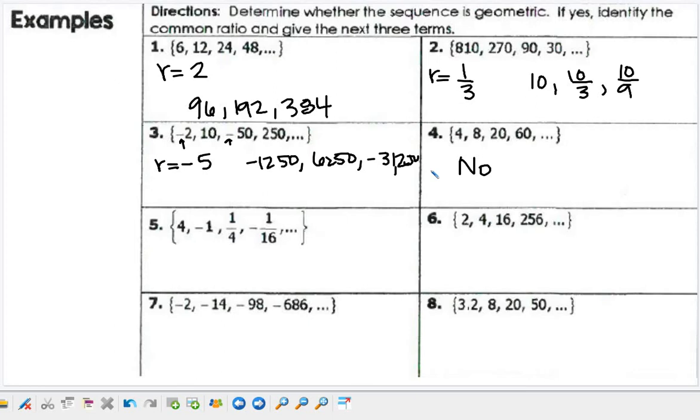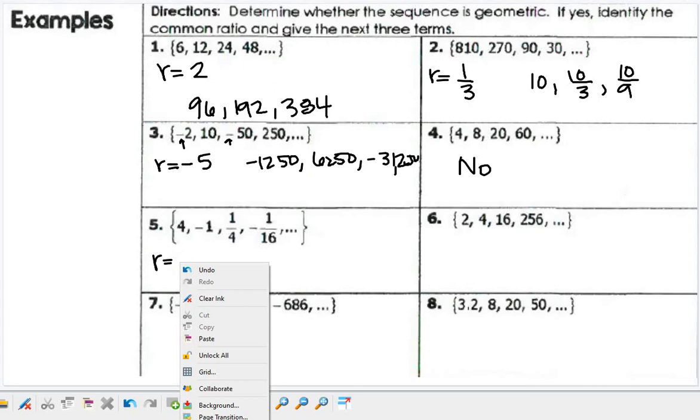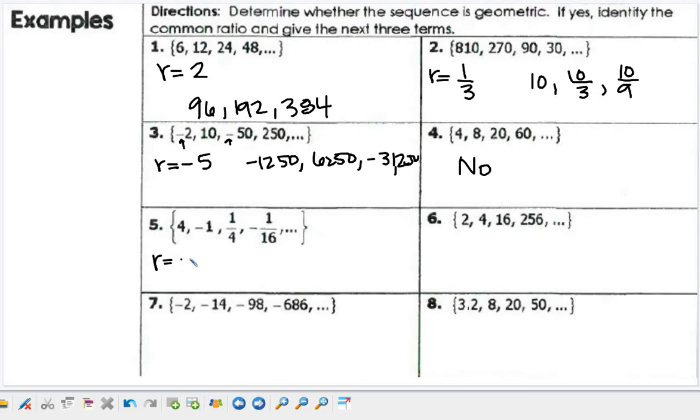Okay, number 5. So again, I see that the sign is flip-flopping, so I know my common ratio is negative. I also know that I am dividing or multiplying by a fraction. 4 divided by 4 is 1. 1 divided by 4 is 1/4. 1/4 multiplied by 1/4 or divided by 4 is 1/16.